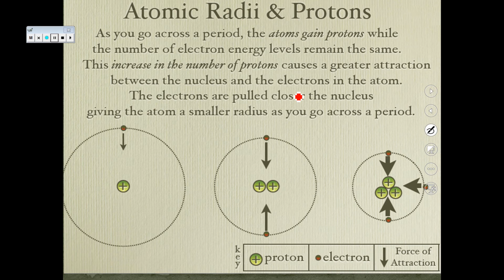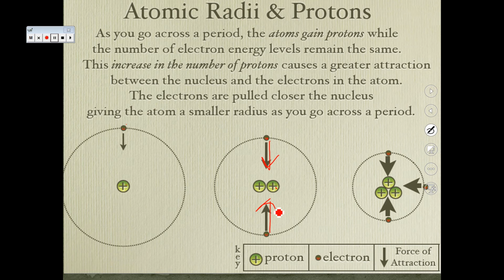So for example, if you have one proton and one electron, there's an attraction between them. However, if you add another proton and another electron, there is a stronger pull between 2 positives and 2 negatives. So because there's a stronger pull, it pulls the protons and electrons closer together, thus decreasing the atomic radius.